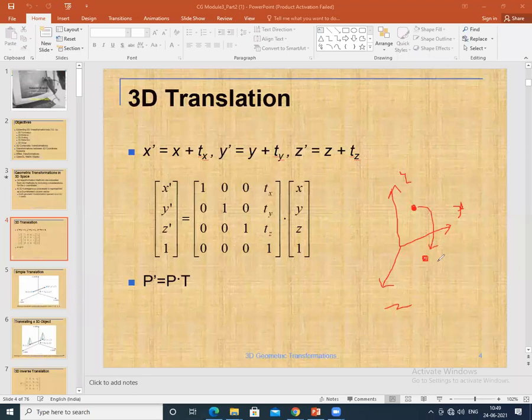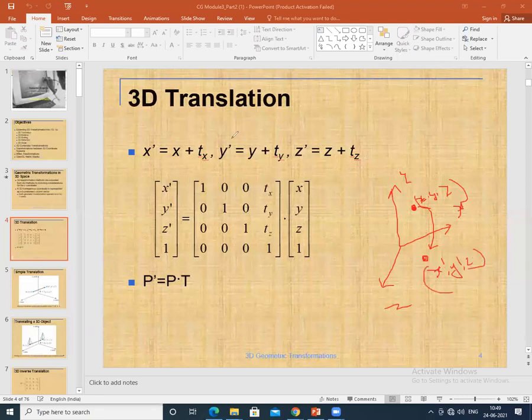We need to consider along which plane it has been translated. If the coordinates are x, y, z, the new point is x dash, y dash, and z dash.